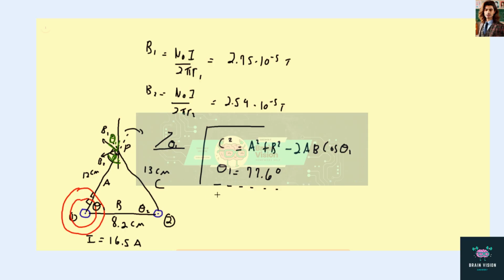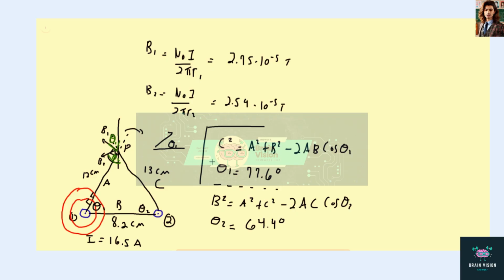But in this case, we're interested in this side, so side B squared should equal side A squared plus side C squared minus 2 AC cosine of theta 2. And we solve for theta 2, and we should get that it is 64.4 degrees.